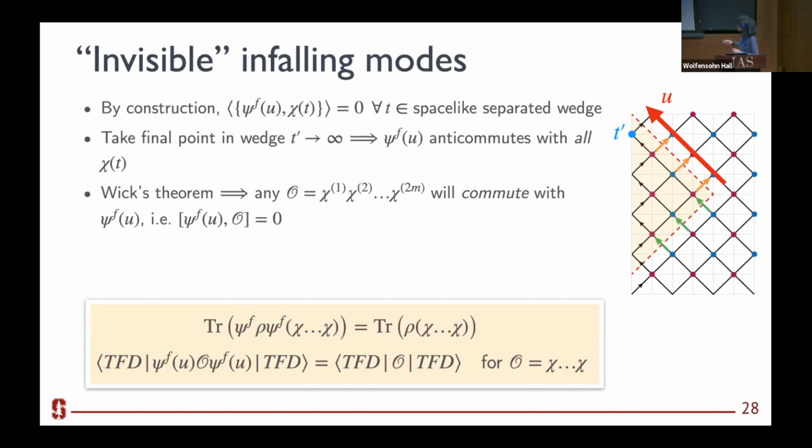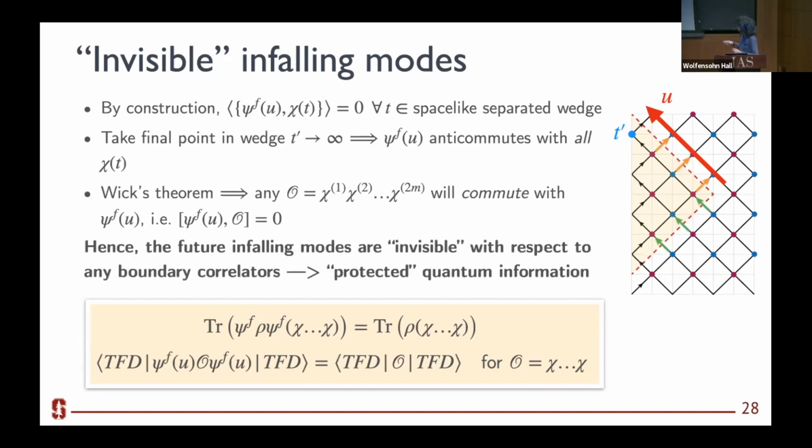Furthermore, using that and Wick's theorem shows that if you apply such an infalling mode to your state, the state becomes indistinguishable from the state without the infalling mode applied. So this represents the invisible or protected quantum information that is inaccessible to the boundary observer.